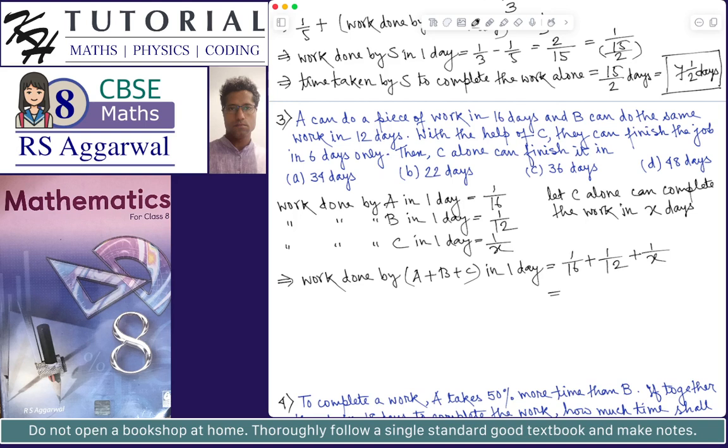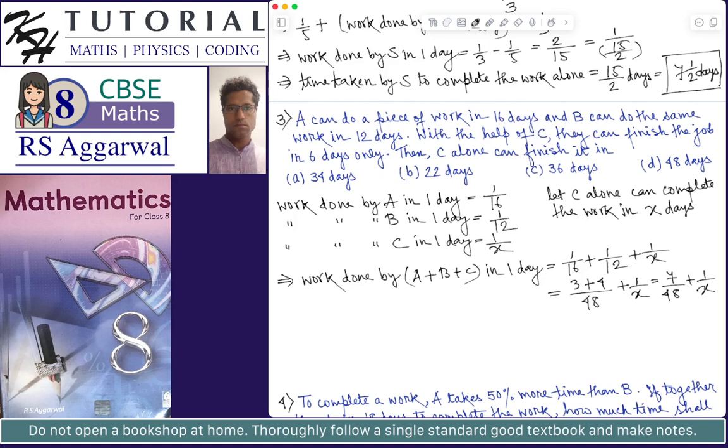Now, if we add up 1 by 16 plus 1 by 12, the common denominator is 48, so it will be 3 plus 4 over 48, which is equal to 7 by 48 plus 1 by x.